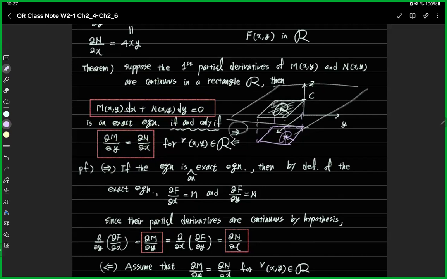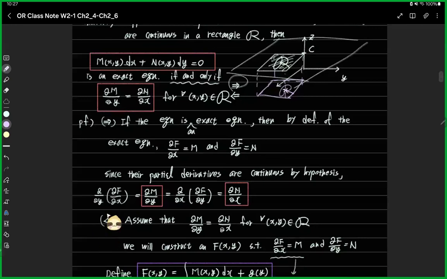To show that this is exact, we need to find f such that partial f partial x equals M and partial f partial y equals N. So pretty much we need to construct the f to prove it this way. From here, we can get an idea how to construct the f. That's why we need to prove these theorems.